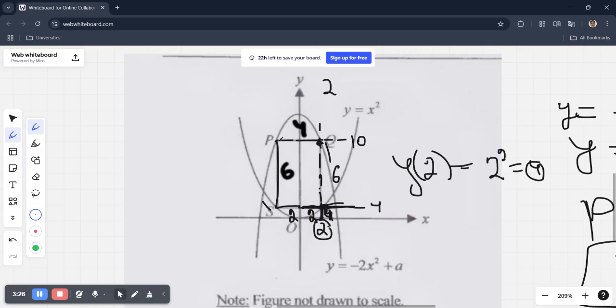And as you know, PS is equal to 6. And if we add these two numbers from the x-axis to Q, it will be 10. And we can signify this part as 10, and this is equal to 10.